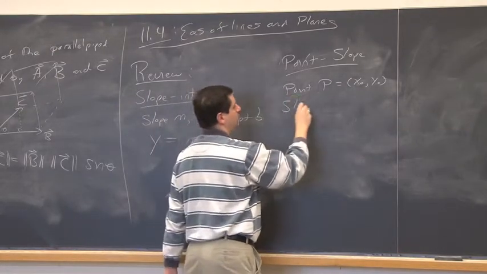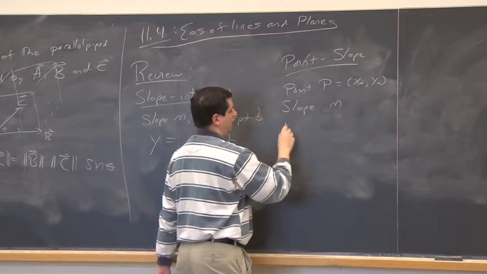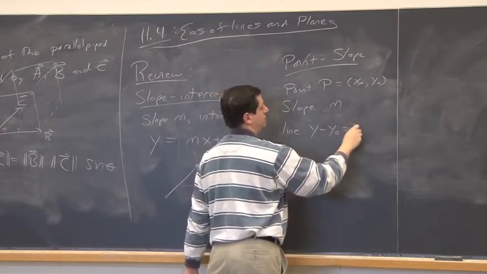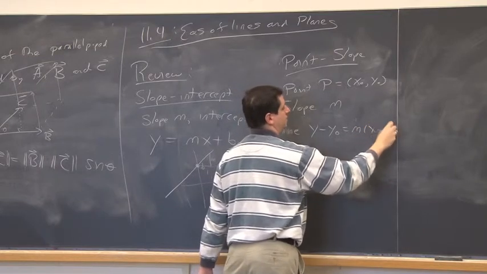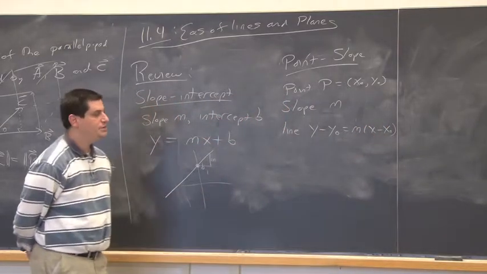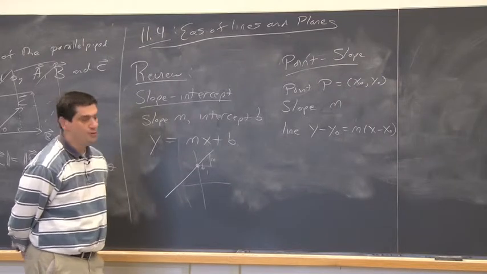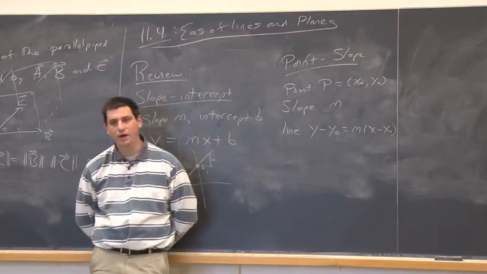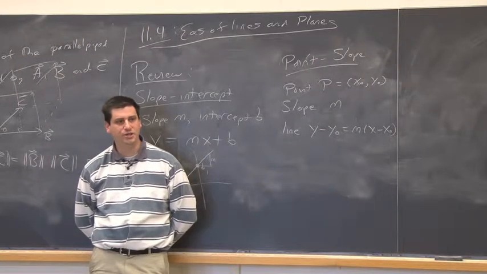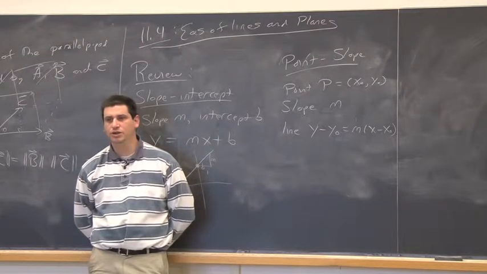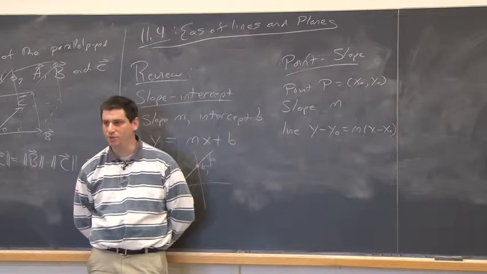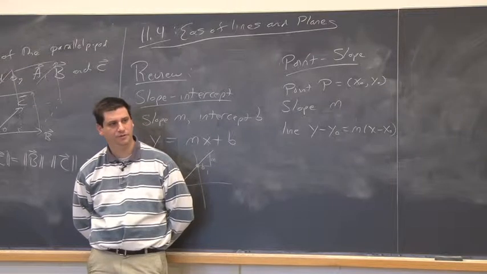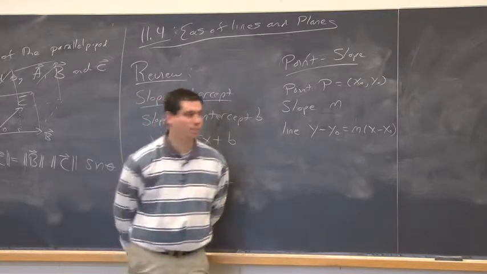I give you a slope m, and then the line is y minus y naught equals m times x minus x naught. So this is the equation of a line going through the point x naught, y naught with a fixed slope. There's one other way to get the equation of a line. I've given you slope-intercept, I've given you point-slope. There's one other pair of information I can give you. Yes? 2 points, excellent.